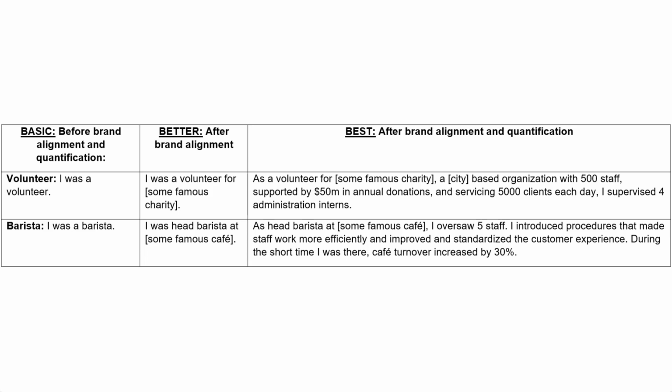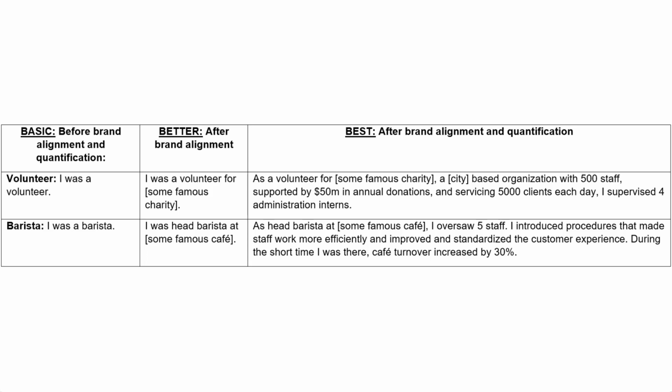Or if you were a volunteer, you might say, I was a volunteer for this famous charity, as we've already done. A city-based organisation, you might say a New York, for example, based organisation, or a London-based organisation with 500 staff. Quantification, 500 staff. Supported by $50 million in annual donations. Another quantification.